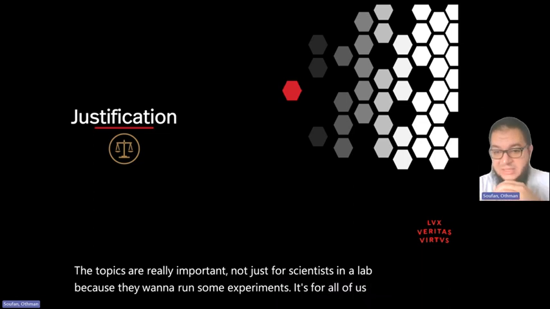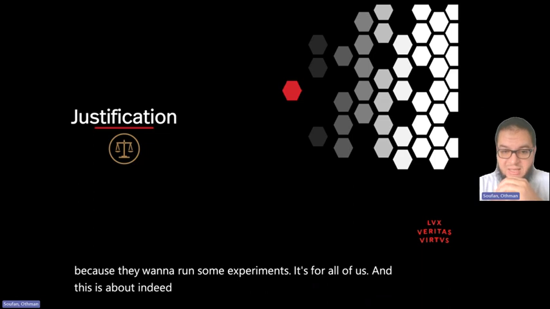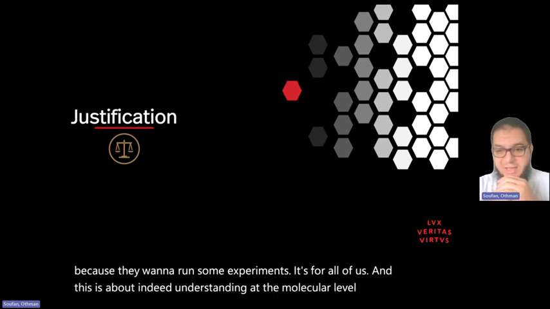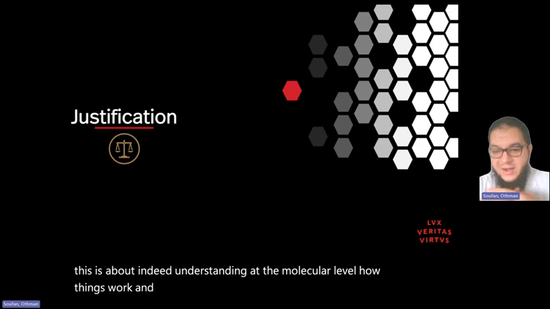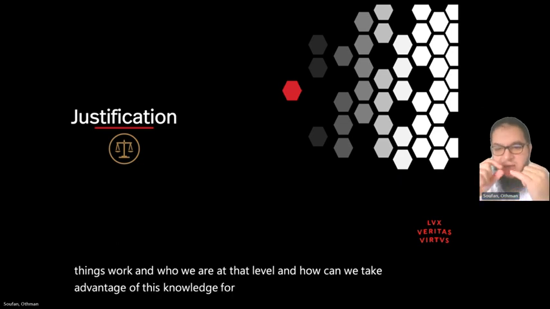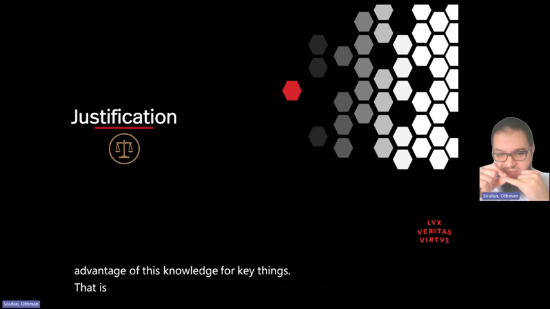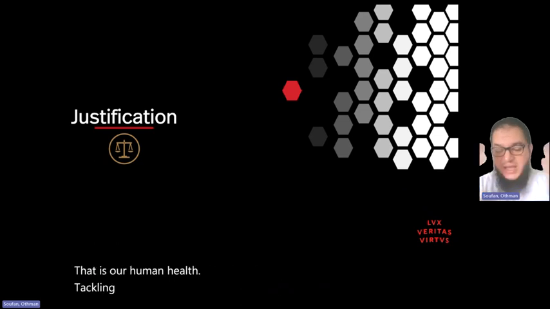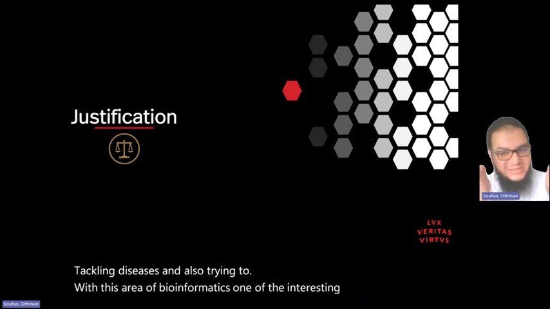This is about understanding at the molecular level how things work, and who we are at that level, and how we can take advantage of this knowledge for key things: our human health, tackling diseases, and, with this area of bioinformatics, one of the interesting things is that you keep raising questions.